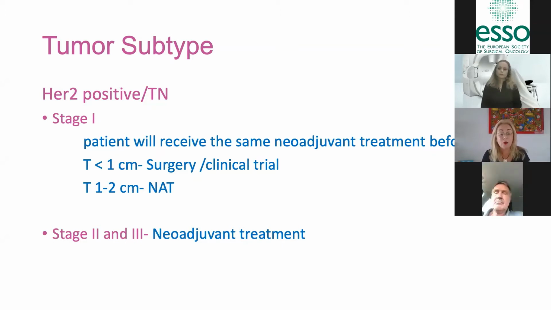And usually, when the tumor is less than 1 centimeter, we go to surgery, because sometimes it's difficult to define if the treatment before and after will be the same, or if you have a clinical trial, then you put the patient into a clinical trial.